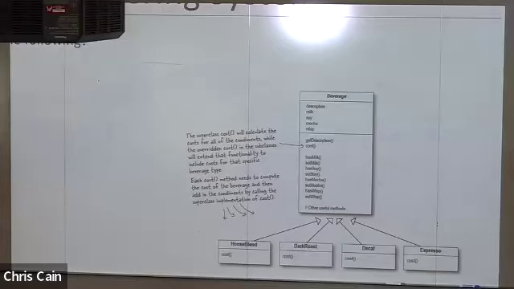Other cons, what else can we think of? Yeah, I was thinking, what if the cost changes for some of those ingredients? Yeah, we'd have to go update the cost function in every single subclass. There aren't quite as many, but if again the price of milk goes up, then for a house blend, we'd have to go modify that cost method in the house blend to change how much adding milk to your house blend costs.